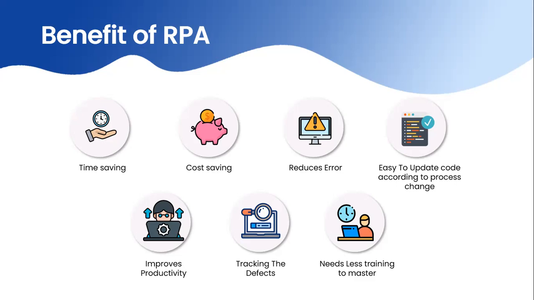Okay. So another is that it's easy to upgrade a code according to process change. Suppose when the GST came, everybody was like, okay, now a new taxation came. All the accountants need to learn GST again and again because there are multiple rules. In 1 month, they got a little bit comfortable with the new rules, new setup, and then they start doing their business regularly, normally with GST.